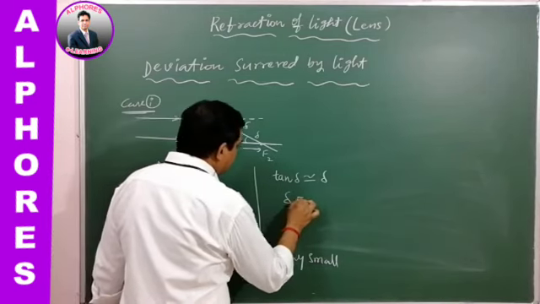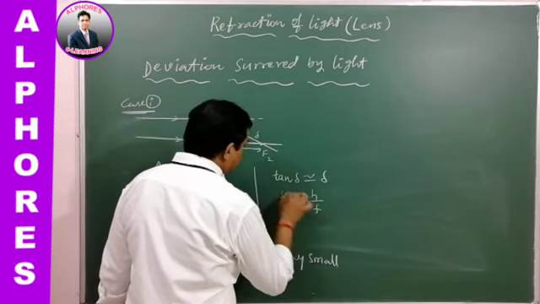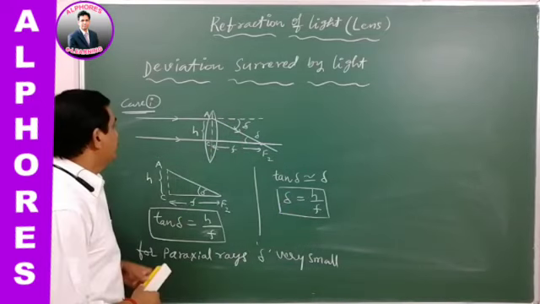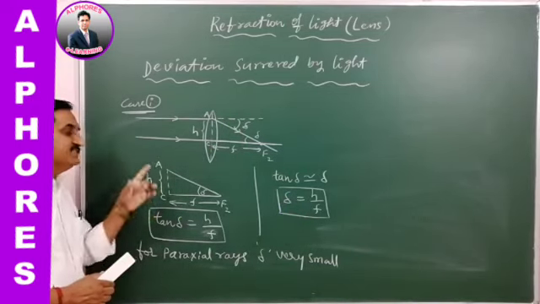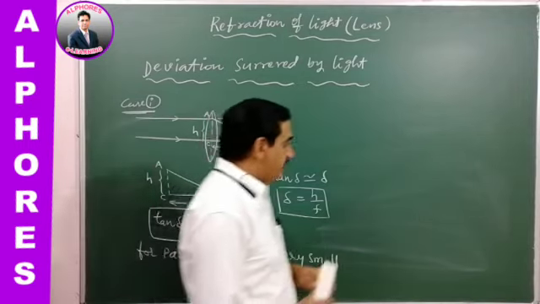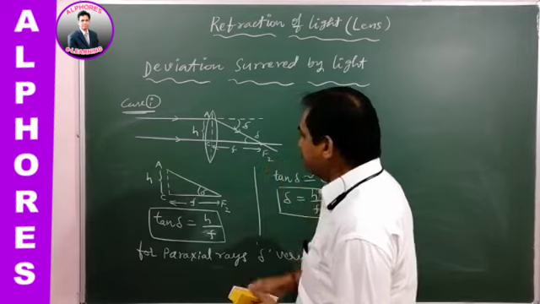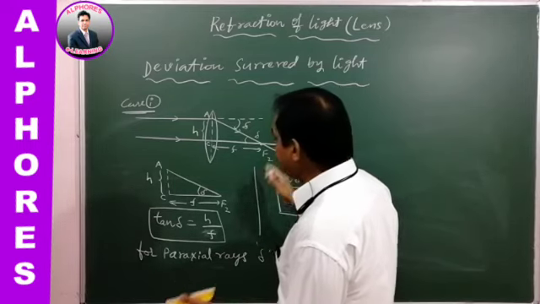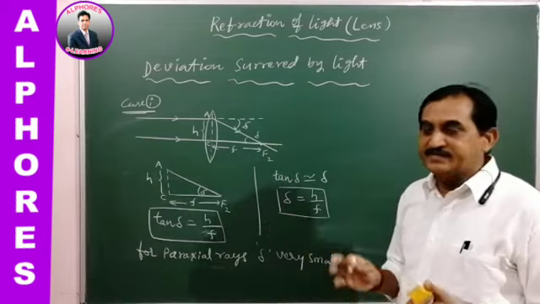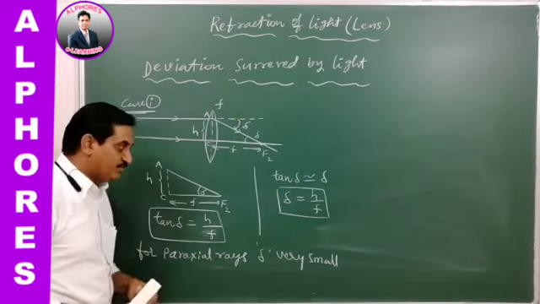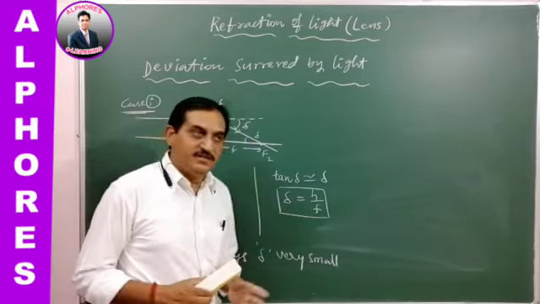Therefore, delta is equal to h by f. This is the deviation suffered by the light when a parallel beam of light is incident on the lens, striking at a height h, and undergoes deviation, and finally gives its image at its focus point, but the focal length of the lens is f. Therefore, deviation equals h by f.